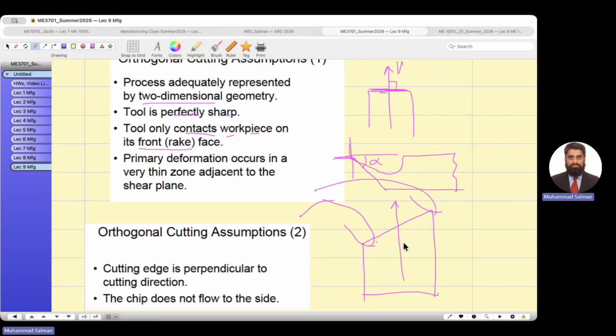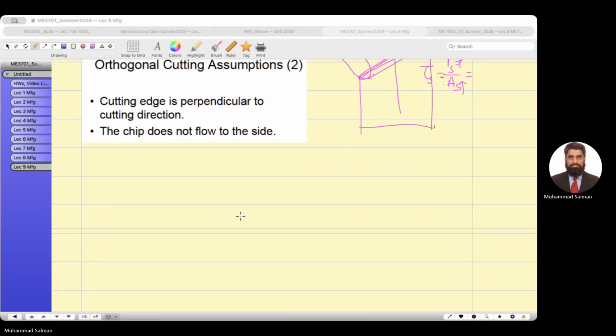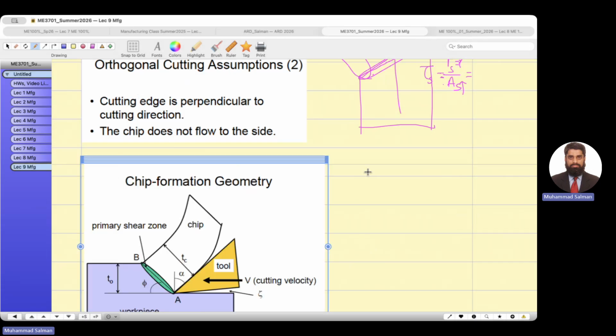The benefit is that a larger area reduces the shear force per unit area, so the shear stress is reduced. But that's oblique cutting. I will focus more on orthogonal cutting, but I will show you some of the terminology.